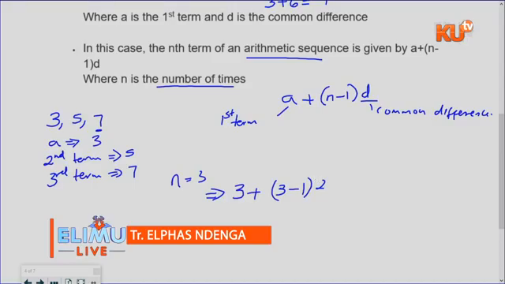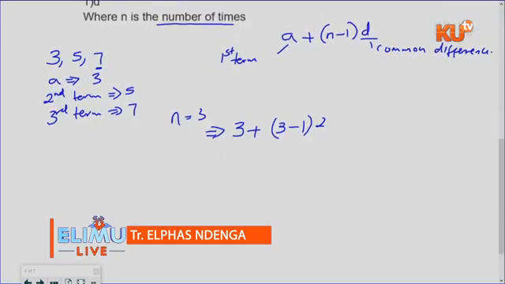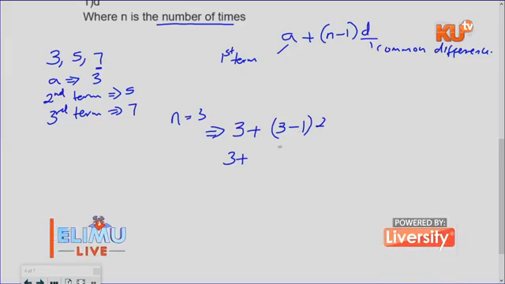This will give us 3 plus 3 minus 1, which is 2. 2 times 2 is 4. So we add 4, and our solution is 7. And you can see it is actually 7 as our third term.